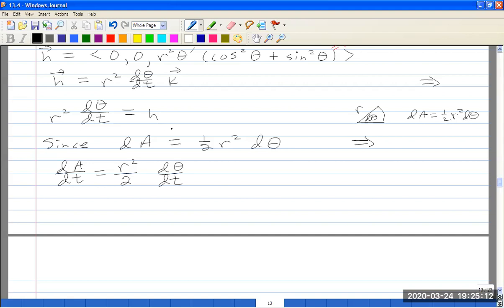And so I have that dA dt is, well, R squared d theta dt is just h, so this is h over 2.